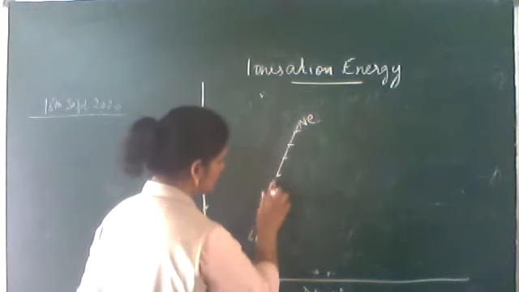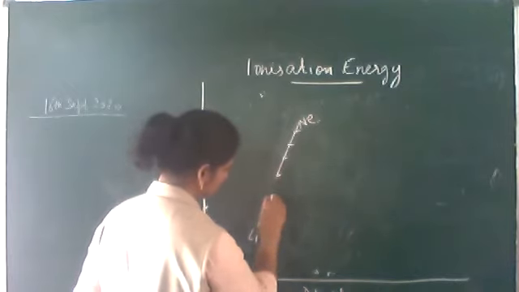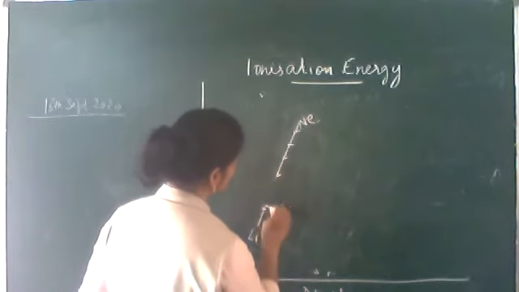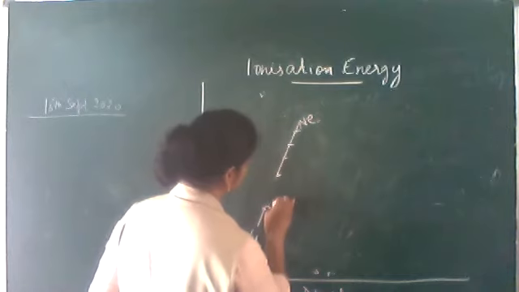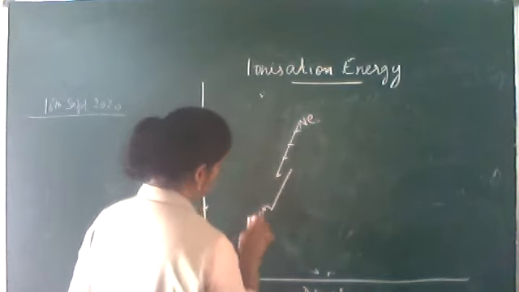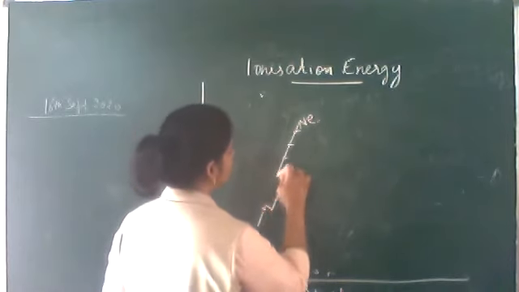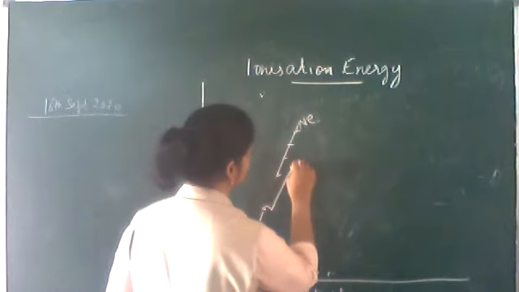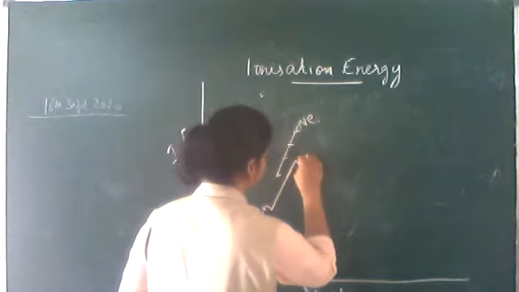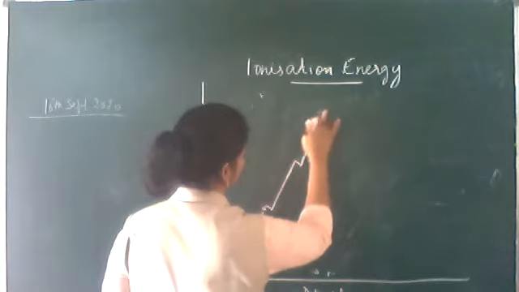It is a little down. So lithium, beryllium, boron, carbon, then nitrogen. After nitrogen, it is again going a little down and it goes. So it is in this format.